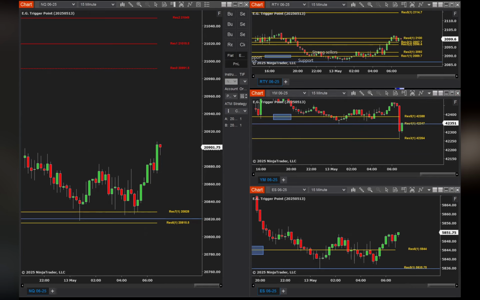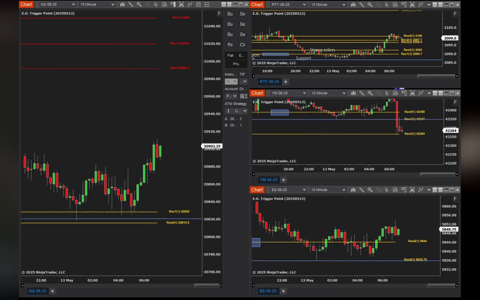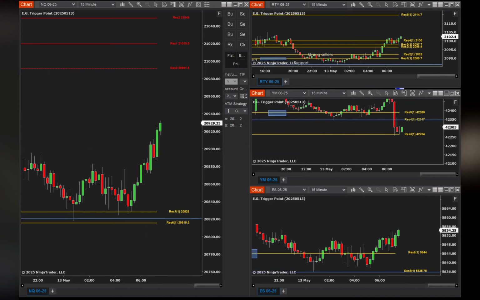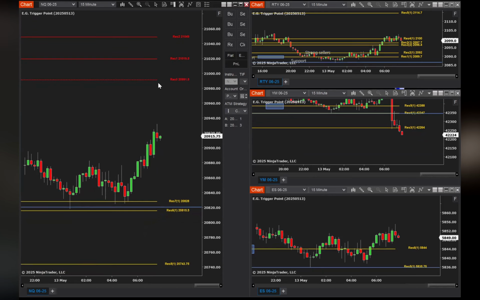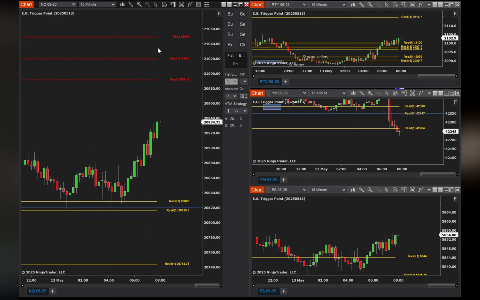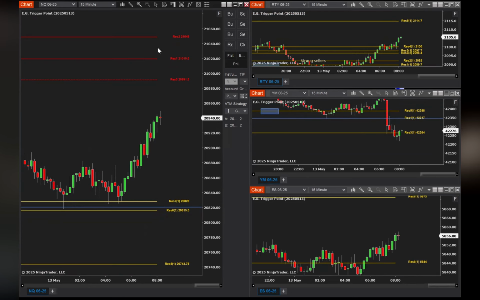And then the market opened. And I took a long trade here of res zero, and I made almost 4.5 thousand on my PA account.